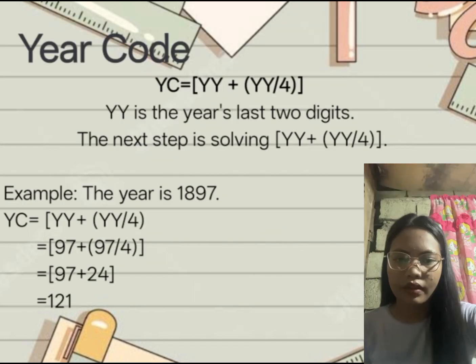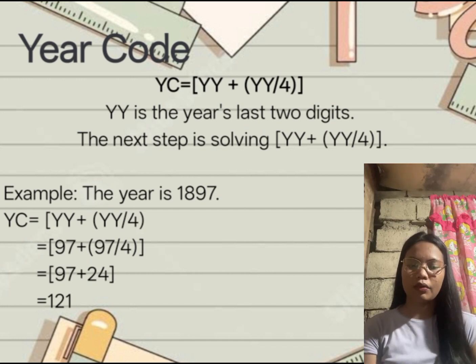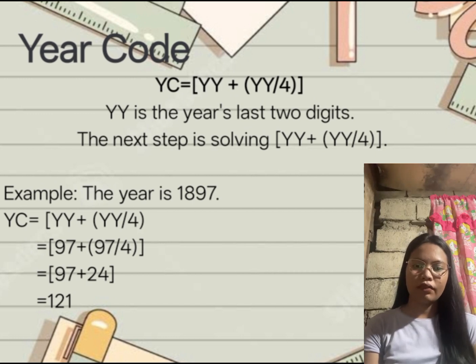For the year code, to calculate it, we have the formula: year code is equal to YY plus YY over 4, where YY is the last two digits of the given year. After that, we can substitute it to the formula and we will get the year code. For example, the year is 1897, so the last two digits are 97.